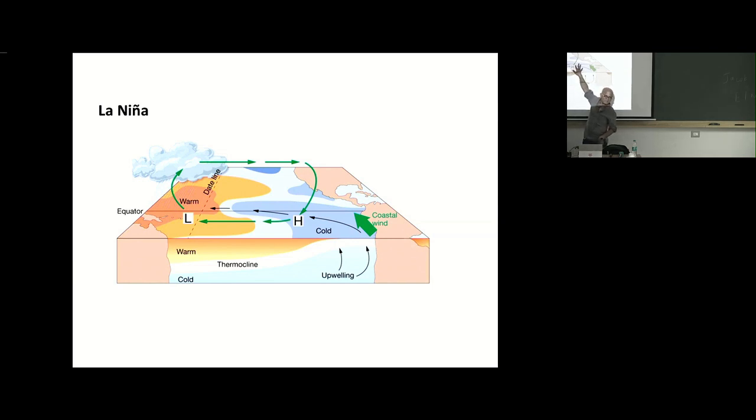Because if you warm here and reduce the sea surface temperature gradient and the pressure gradient, then you will have a positive feedback. You can reduce the pressure gradient, weaken the winds, further reduce the upwelling, which means more of El Nino, because the warm water is spreading.